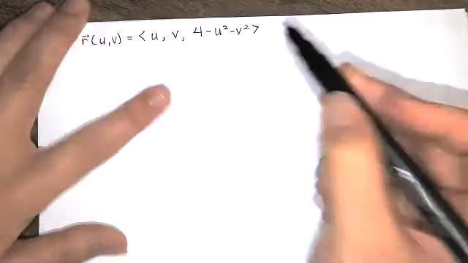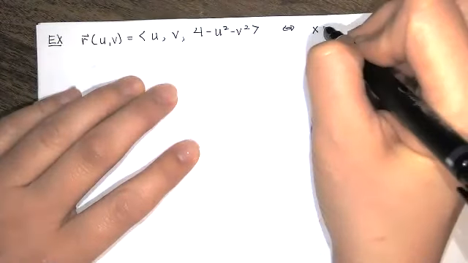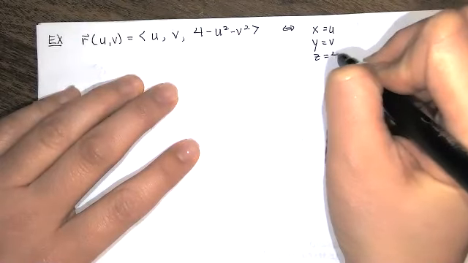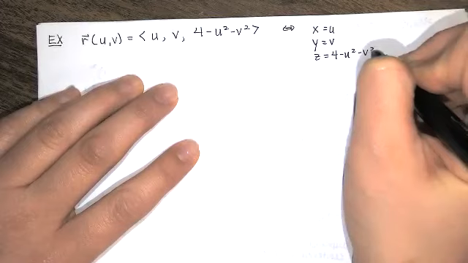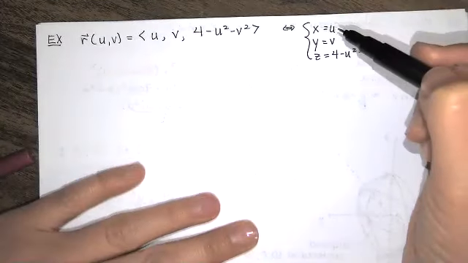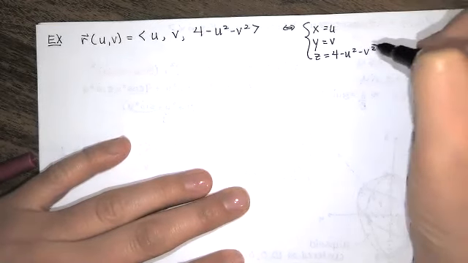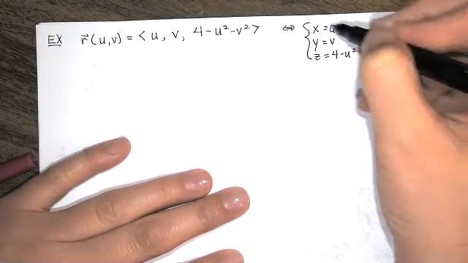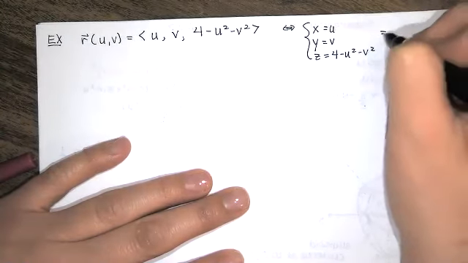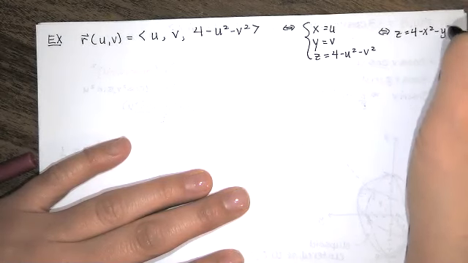Now notice right away that this corresponds to a particular surface. If x is u and y is v and z is 4 minus u squared minus v squared, it's pretty simple to eliminate the parameters u and v. You just replace u with x here, you replace v with y here, and what you get is z equals 4 minus x squared minus y squared.